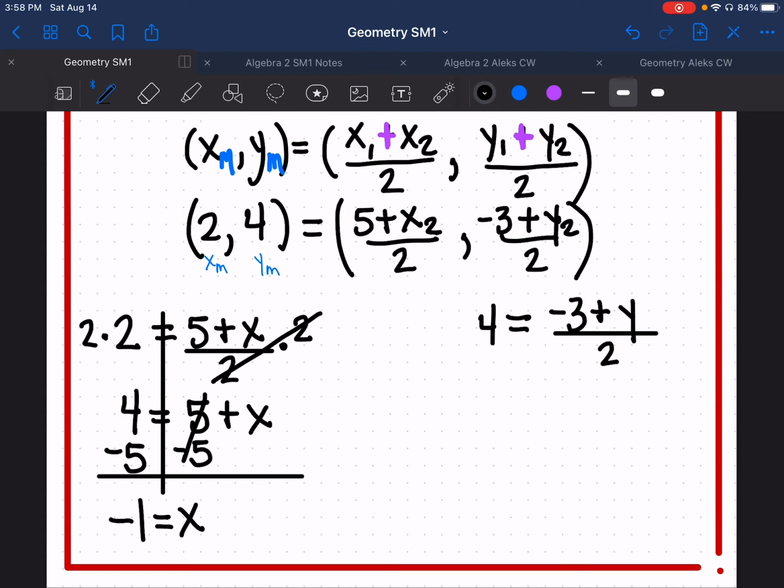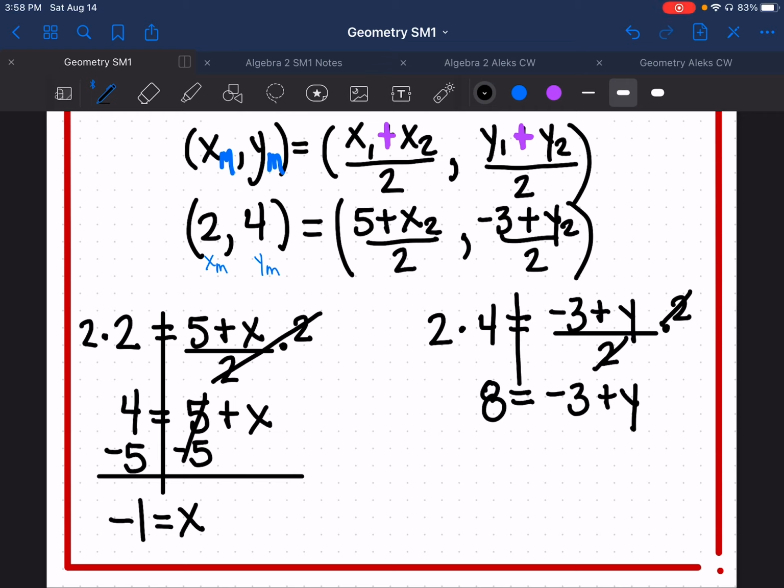Now, what I really like about this is I'm going to solve the y equation in the exact same way, because they're mirror images of each other. They only change their variables because we're talking about the x point and then the y point. So let's multiply by 2, because we want to get rid of that fraction. That would be 8. 2 times 4 is 8. And then take a look at this.